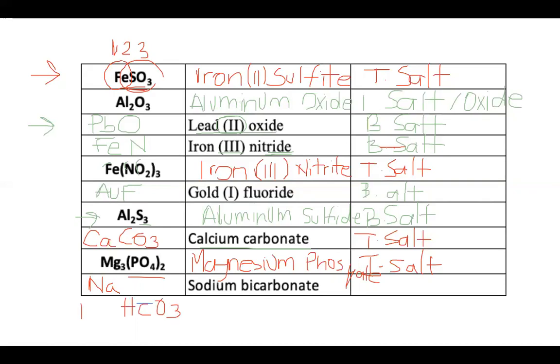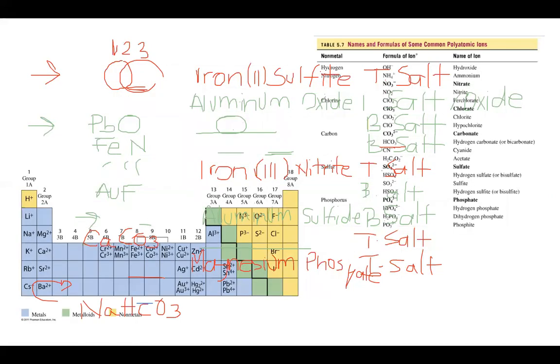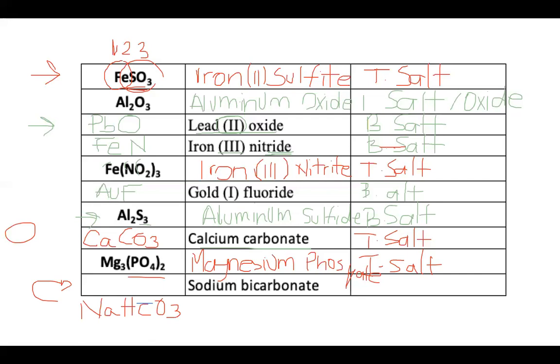I'm gonna write it here down so it fits. Okay, this one goes here. Checking the charges, HCO3 has a charge of -1, sodium has a charge of +1 because it's located in group 1. And since we have 3 elements, this is a tertiary salt.